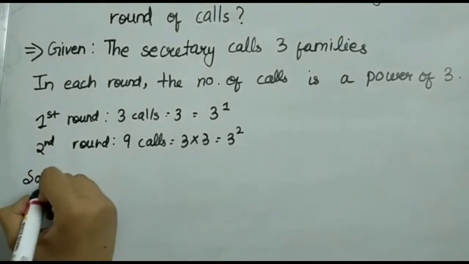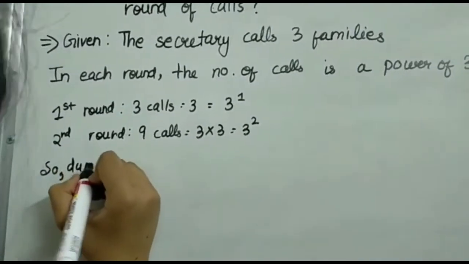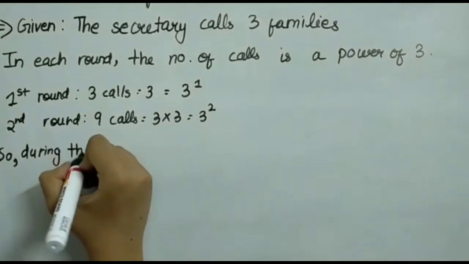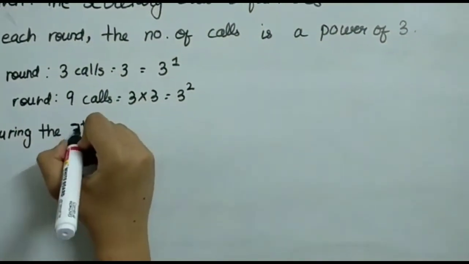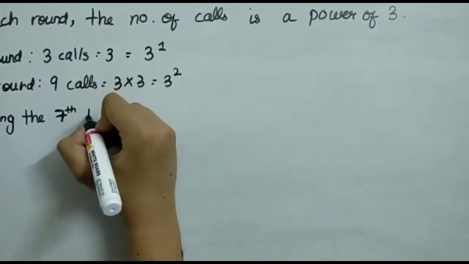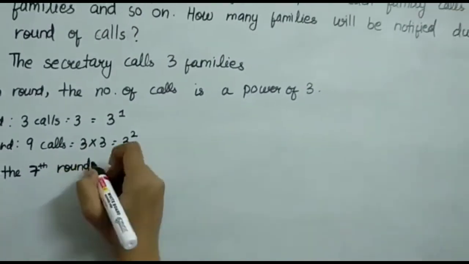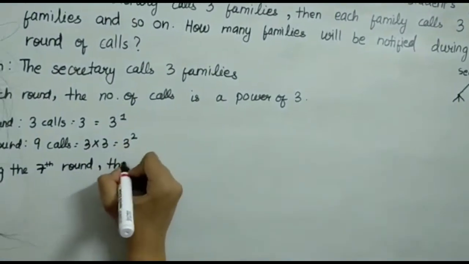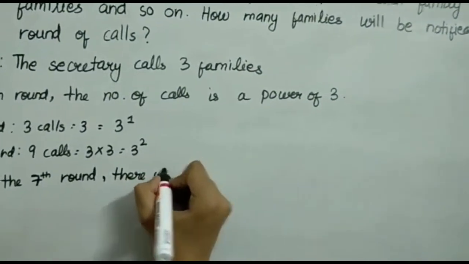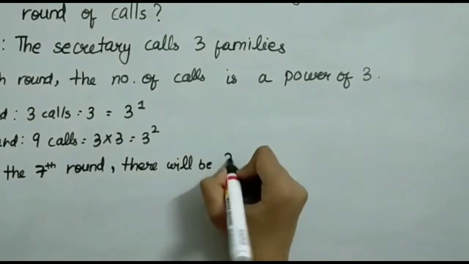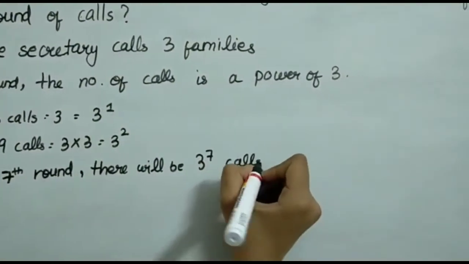So during the 7th round, there will be 3^7 calls.